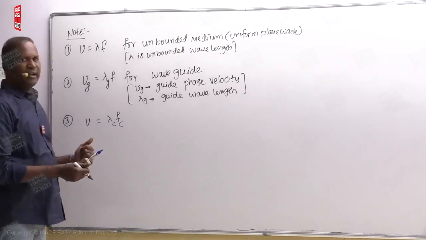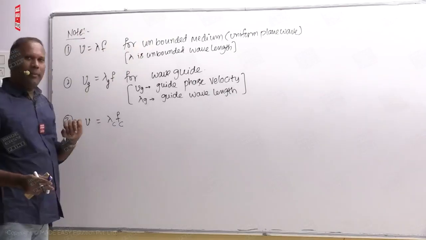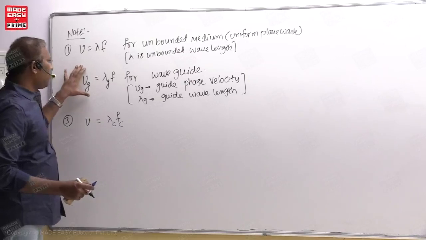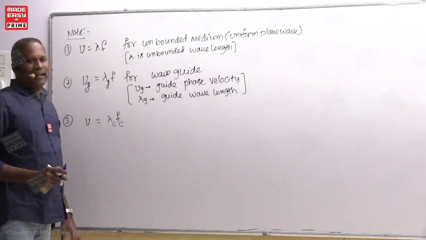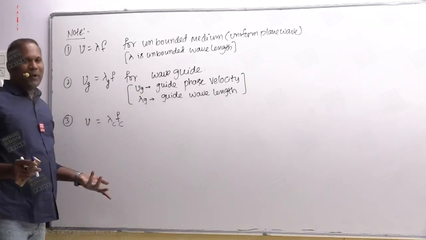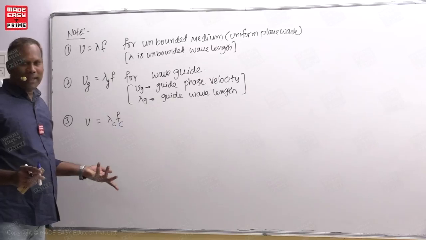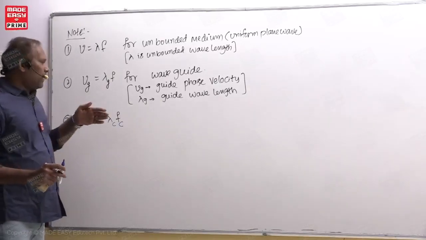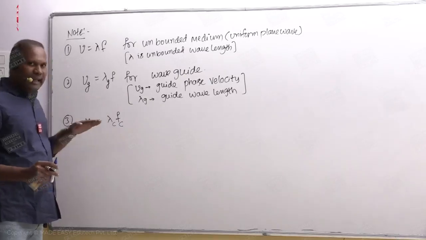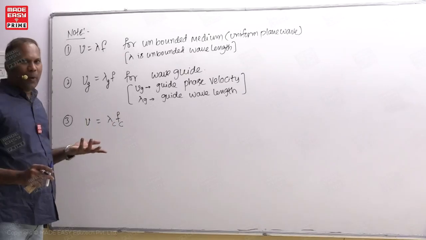You will ask me the question that this equation is valid when wave is traveling in unbounded medium. This equation is valid when wave is traveling in a waveguide. Where is this equation valid? Answer: there is no propagation. Whenever F is equal to Fc, there is no wave propagation. Then what is this equation? This equation gives conditions. For example, if F is equal to Fc, there is no wave propagation.